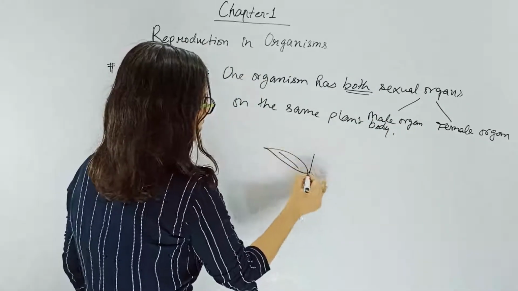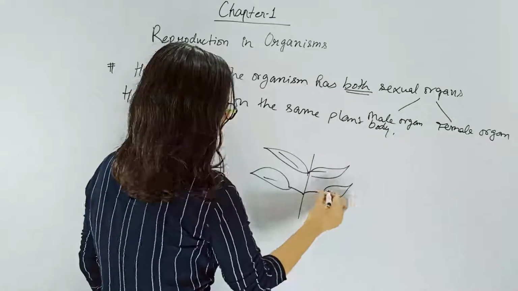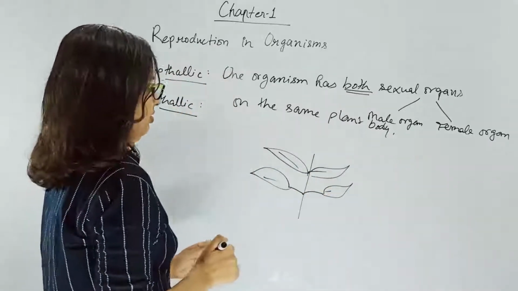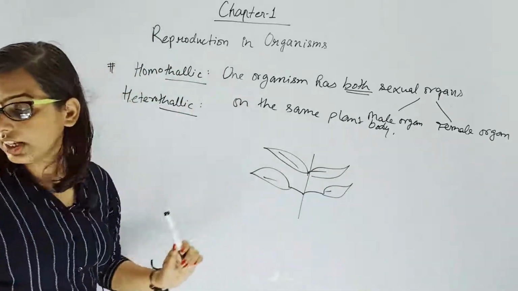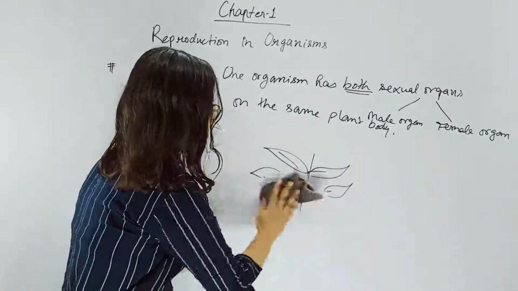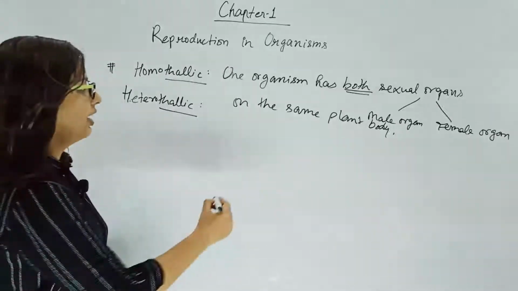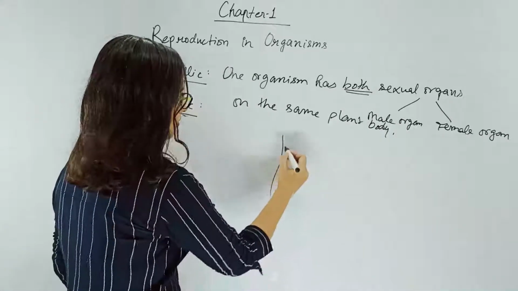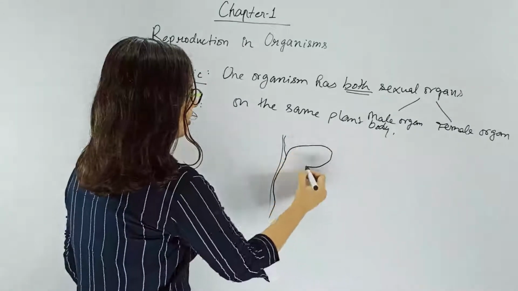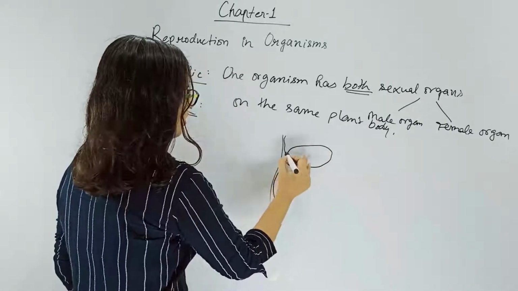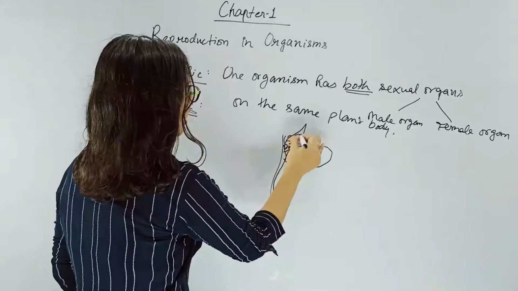Suppose there is an algae, homothallic. There is an algae which has antheridia as well as oogonia. This is the antheridia.